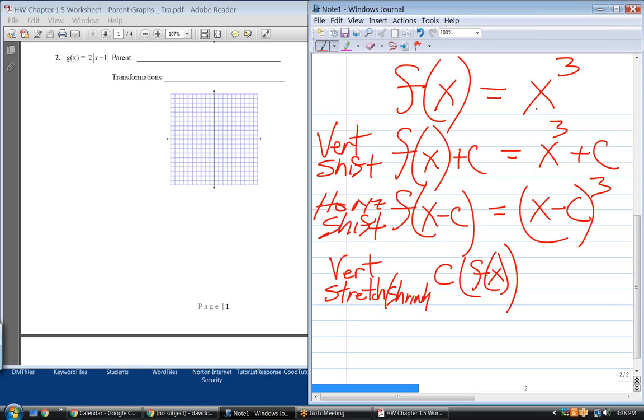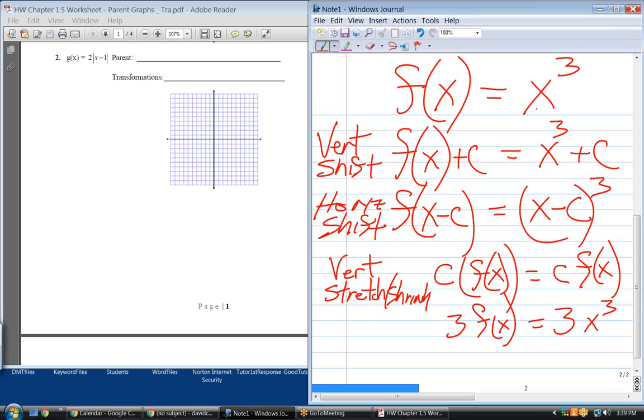This is c times f of x. In other words, if I said, what is 3 f of x? 3 times x cubed. And so that would be 3 cubed times 3? No. 3 times whatever. Remember, x is a variable.